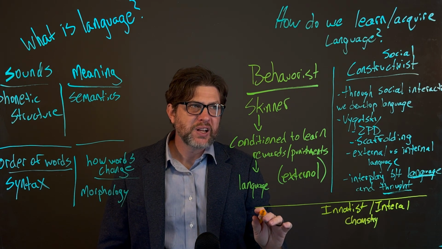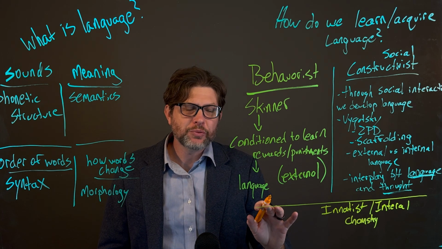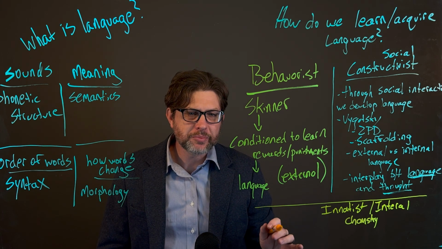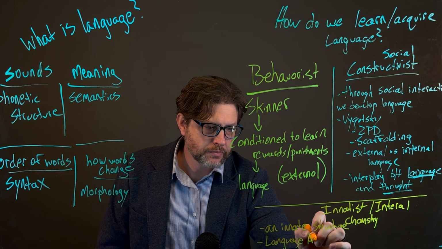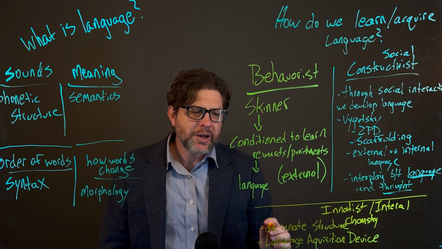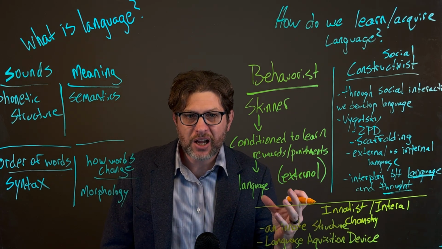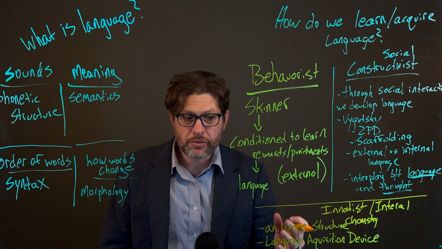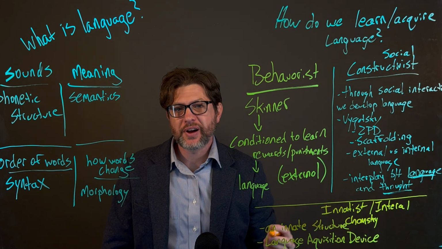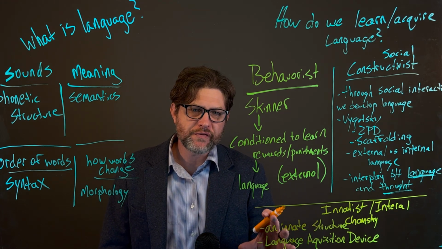Chomsky says that language is not something that we learn, it's something that develops. So what Chomsky says is there's something innate, something biological in our minds that he refers to as the language acquisition device. And he doesn't know what it is. He says you can't really put your finger on it.